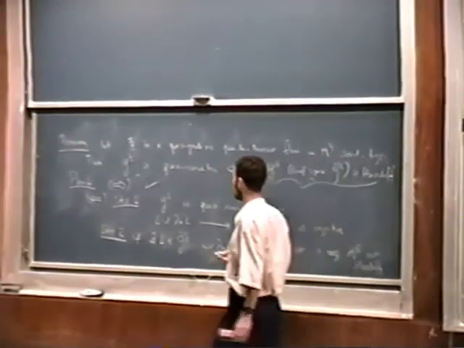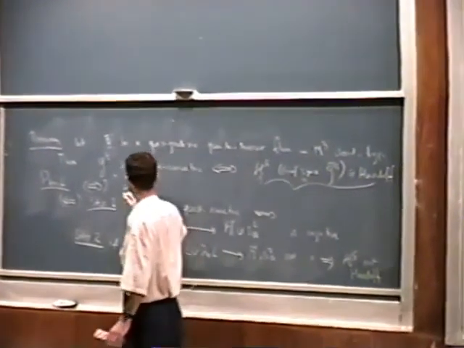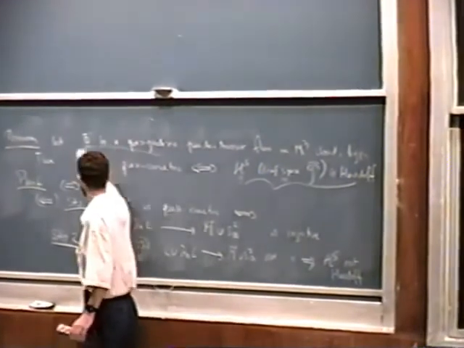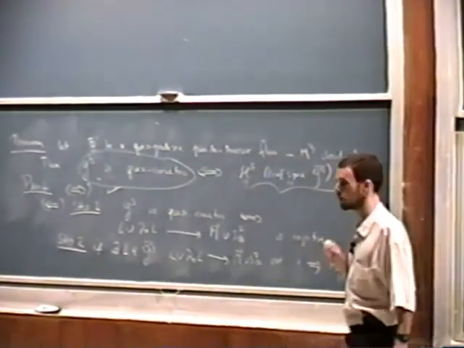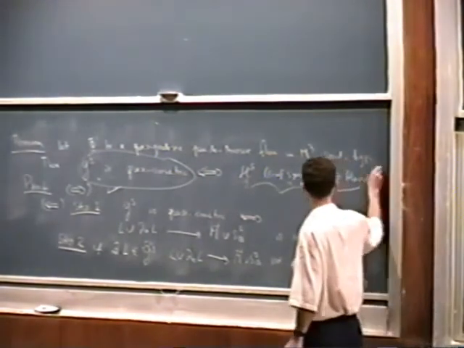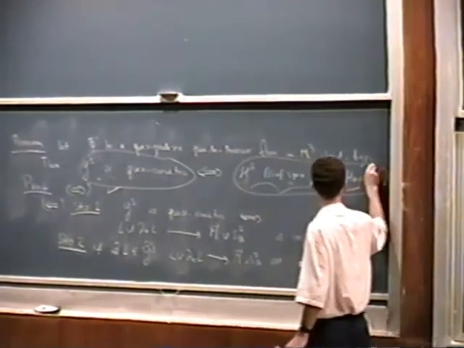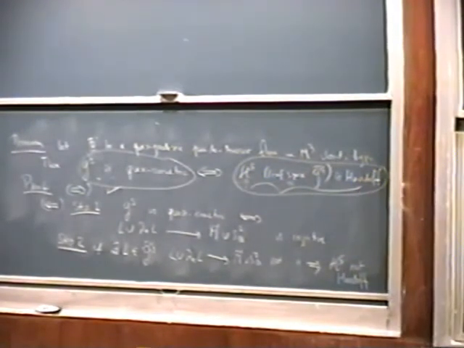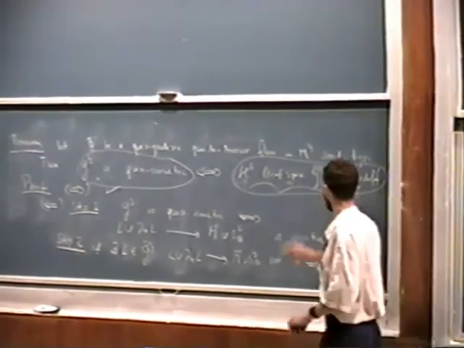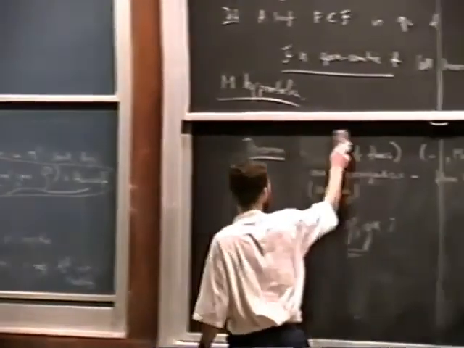So let me say one thing first before I go on to say the result. This is a condition about the geometry of the foliation, which turns out is very, very hard to check. This is a condition about the topology of the foliation, which in general is easier to check. And in this particular case, you can actually have an answer. Okay, so let me give you the answer here.